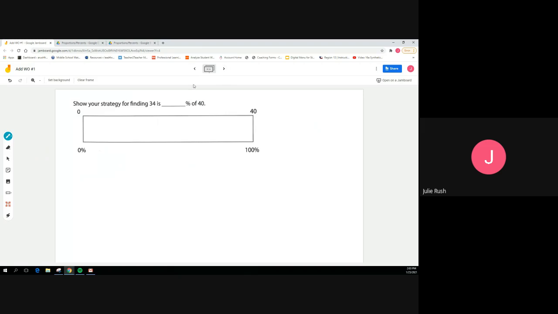And our last but final problem, show your strategy for finding 34 is. So here's my 34 is, which is my numerator, and then my of 40, which would be my denominator. So if we were setting up a traditional proportion, it would be x over 100 equal to 34 over 40.